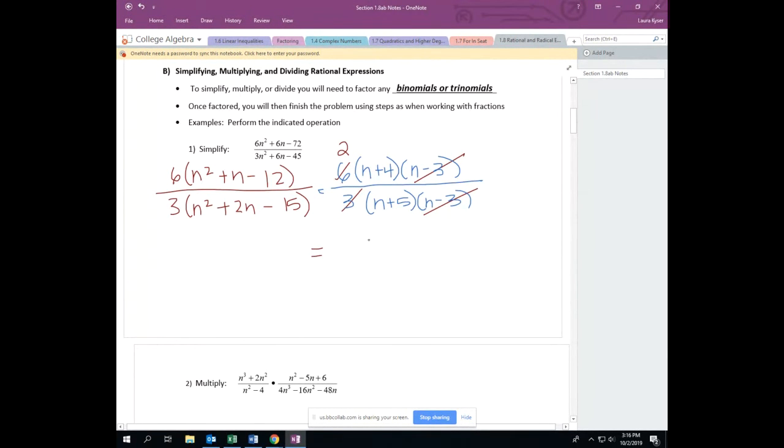So, for example, left over on top, I have a 2 and also an n plus 4. And I can write them next to each other just like that. And on the bottom, I have an n plus 5, and there's nothing else down there. Now, if you really want to, you can distribute that 2 through, but it is not necessary. You can leave these in factored form for your final answer.